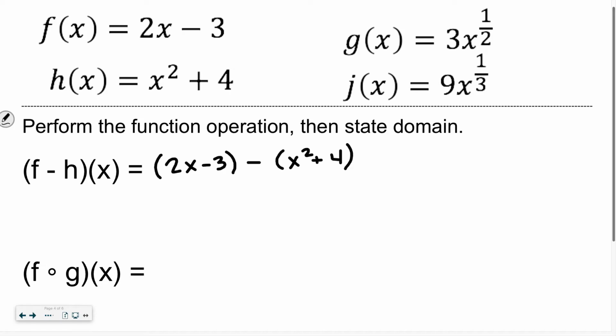In subtraction, parentheses are important for this back one, h of x, because I want to subtract the x squared and I also want to subtract the 4. So I always distribute my negative to those two terms. So this is really 2x minus 3 and then minus x squared minus 4. So if I clean that all up, I got negative x squared plus 2x minus 7.